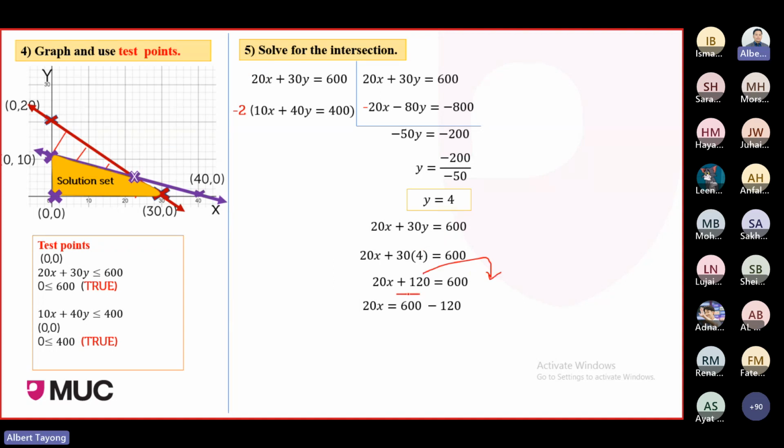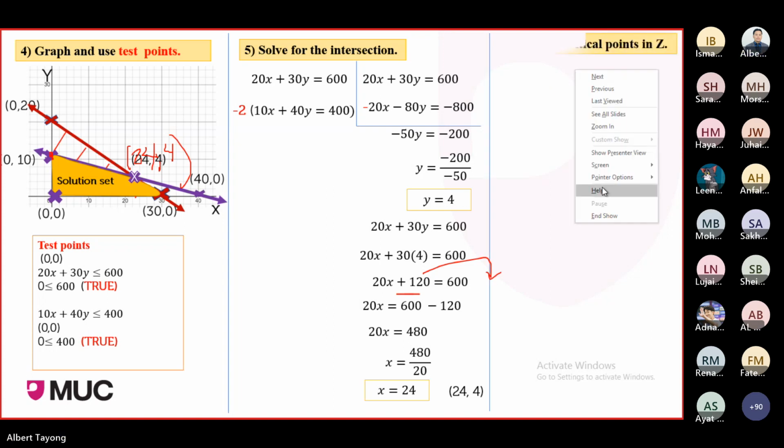We transpose this to the other side. So equals 480 by 20 equals 24. So that means this particular point is 24, comma 4. So now the points are complete. We have 4 points. Let's test using our objective function.